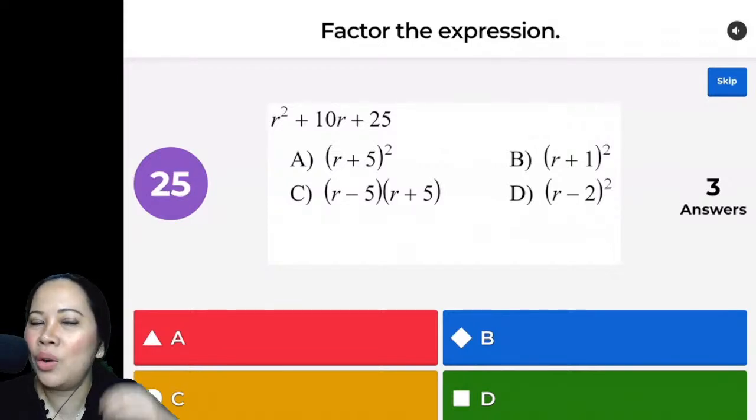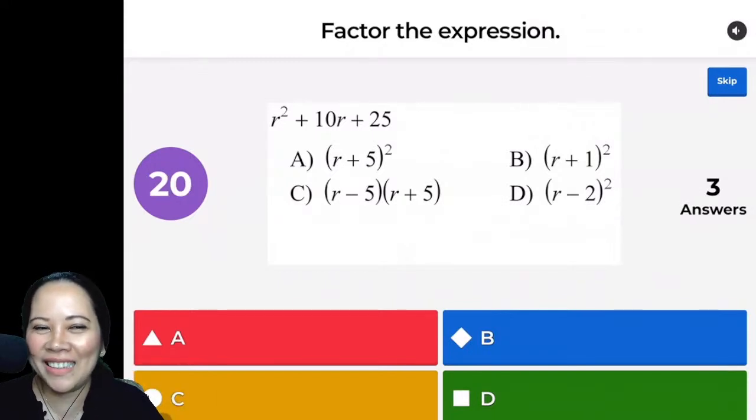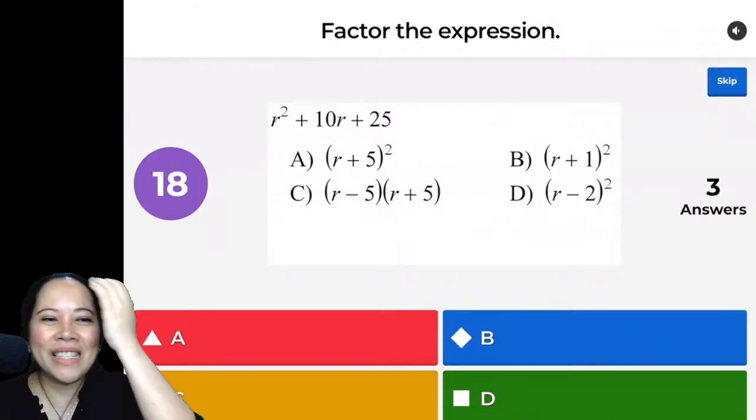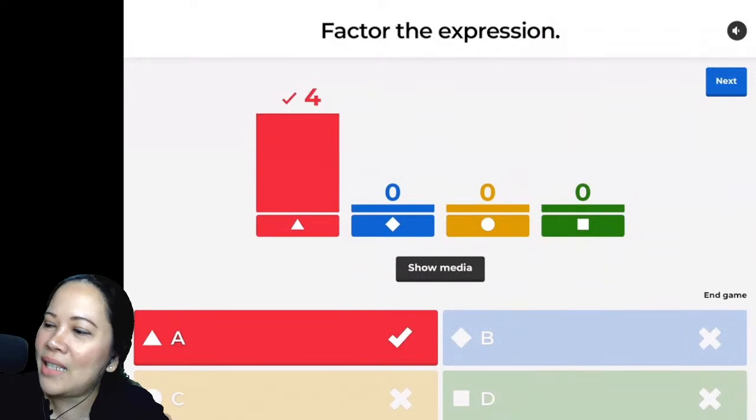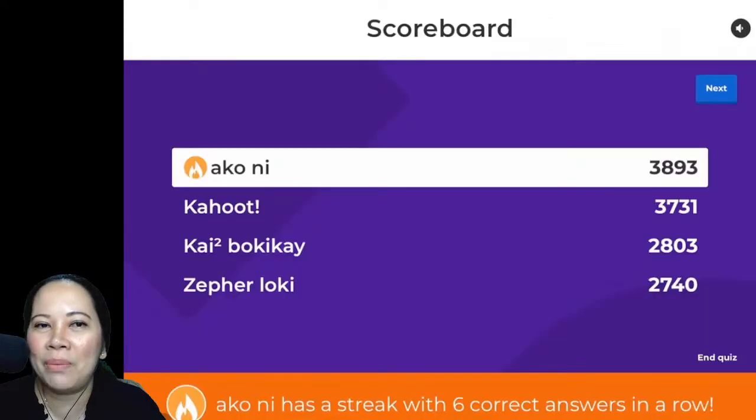By the end of this Kahoot, you will be masters of difference of square and perfect square trinomials. Because this is only squares difference. Yes, that is correct. This is only difference of squares and perfect square trinomial.